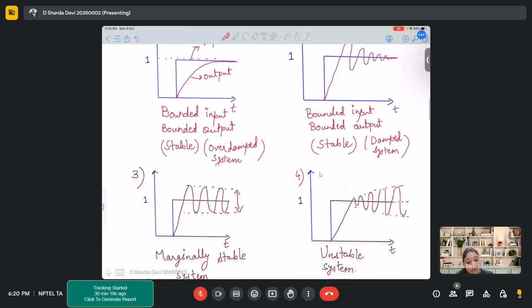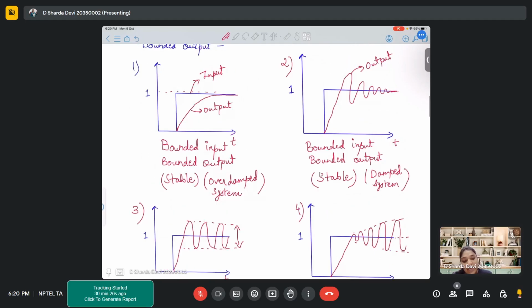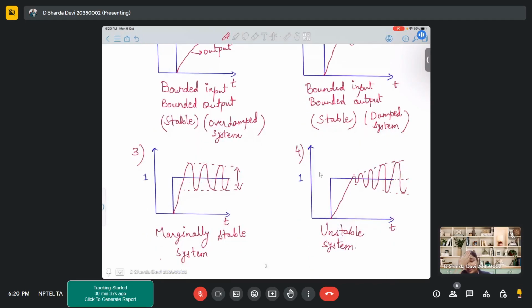Now, you know that these types of outputs you can see, but what type of transfer functions or which type of circuits will give you these behaviors is something we need to keep in mind. For analyzing your transfer functions, we always write them in j omega format or s format, right?